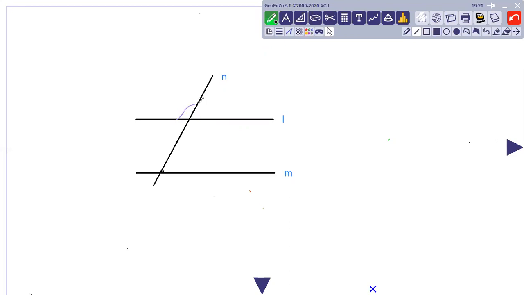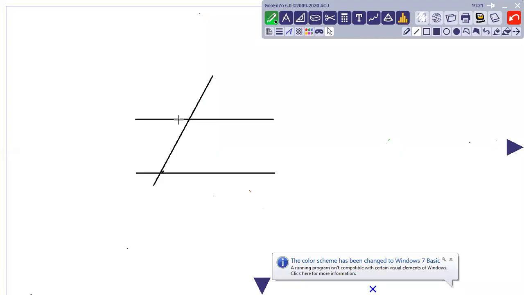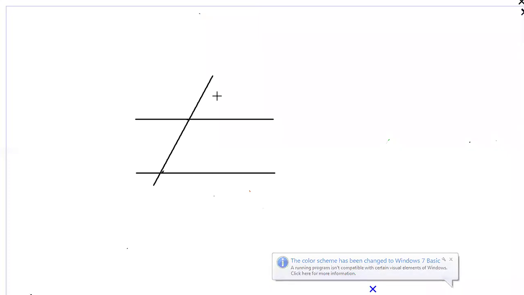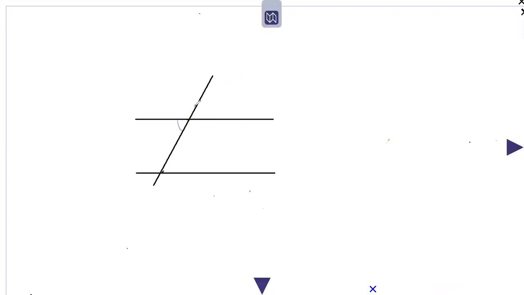Vivian, when you were talking about vertically opposite angles, it's not about parallel lines. So these two angles are also vertically opposite angles, not about parallel lines. These are equal.